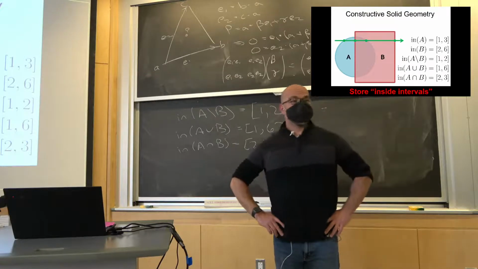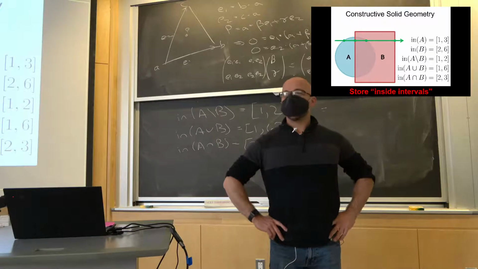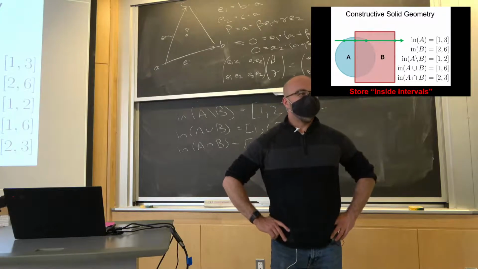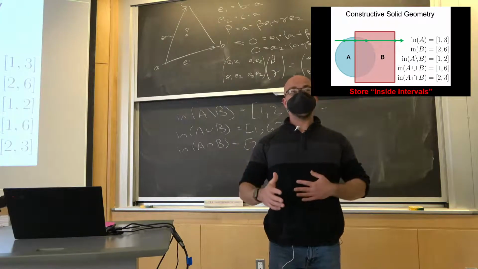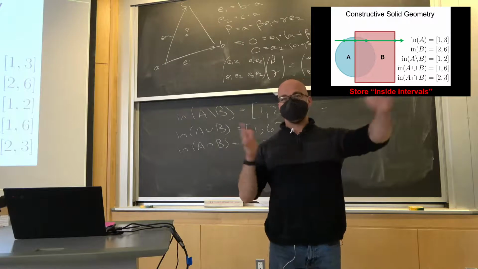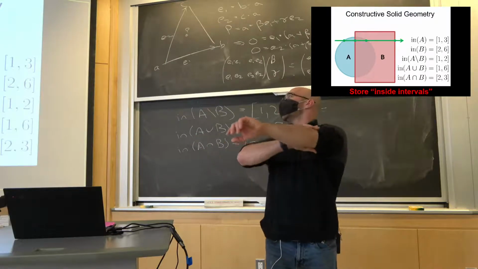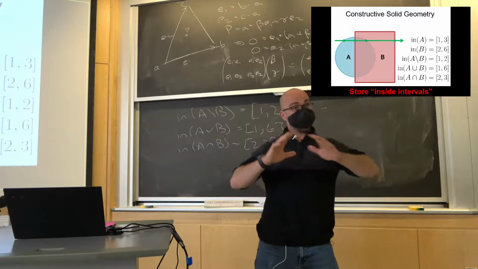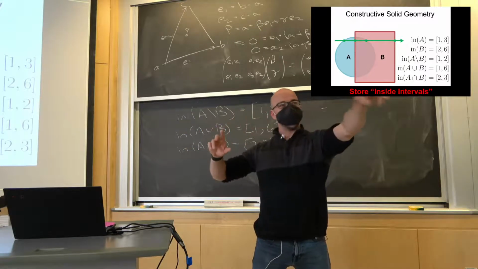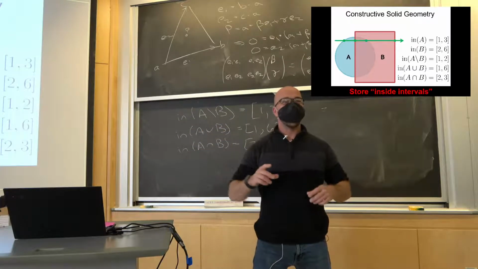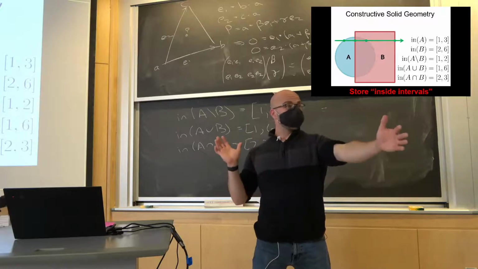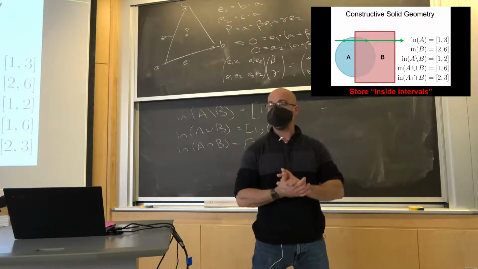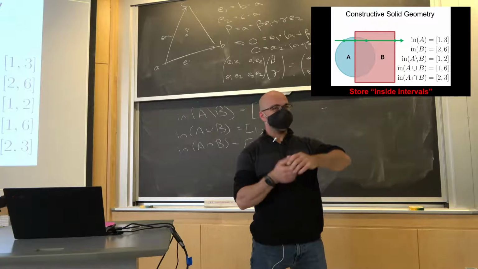Yeah, so the question was how do we actually represent these things computationally, or how do we store them? This is exactly why we have object-oriented programming, right? We have an abstract class called object. If we want to do CSG, then your object is a thing that returns a set of intervals for when a ray is inside of it. And I can make a bunch of different subclasses of that. I can make a sphere, which stores a center point and a radius.